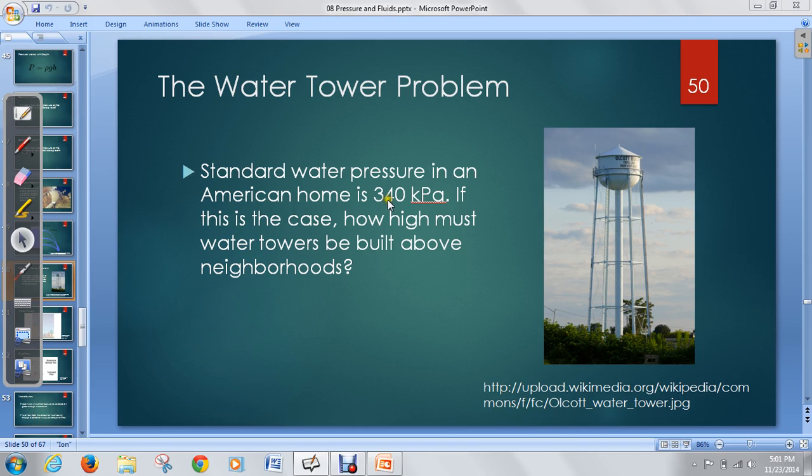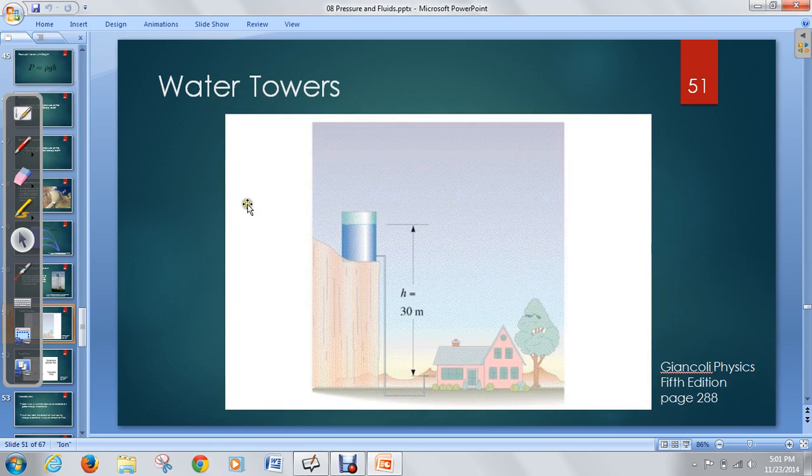The standard water pressure in American homes is around 340 kilopascals. So if you use that pressure equation, you can actually calculate how tall water towers need to be. When you actually do that out, you get that water towers are usually about 30 meters above a normal American house. So again, a really cool application of this equation.